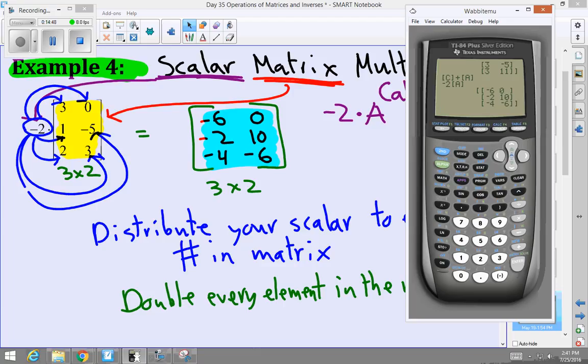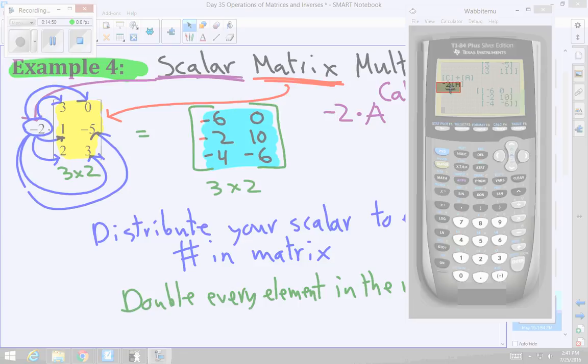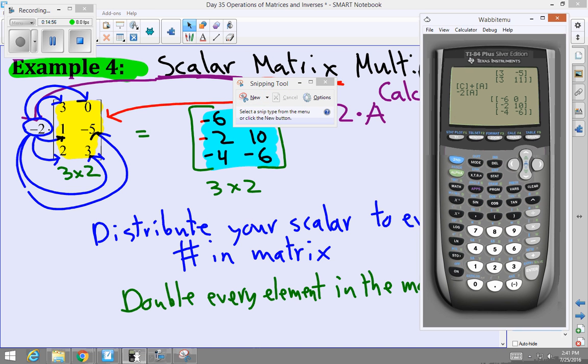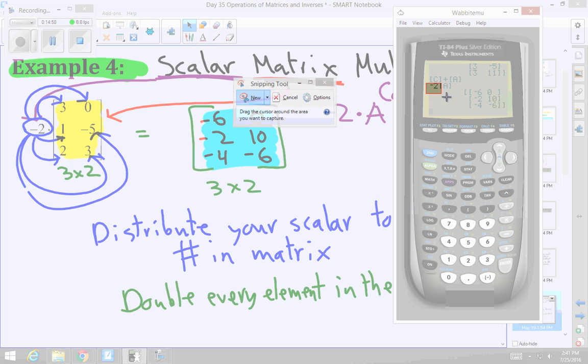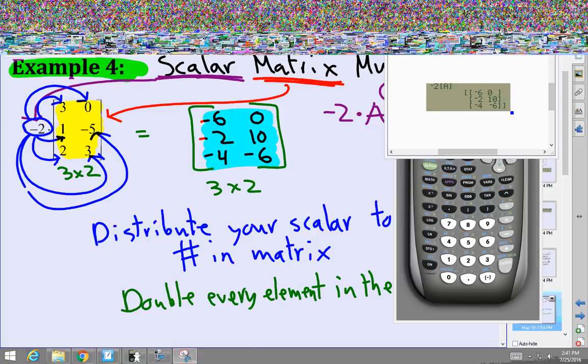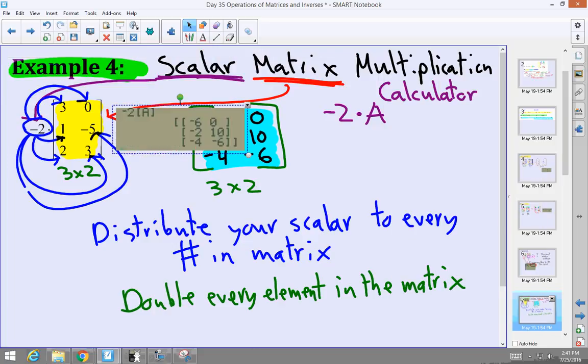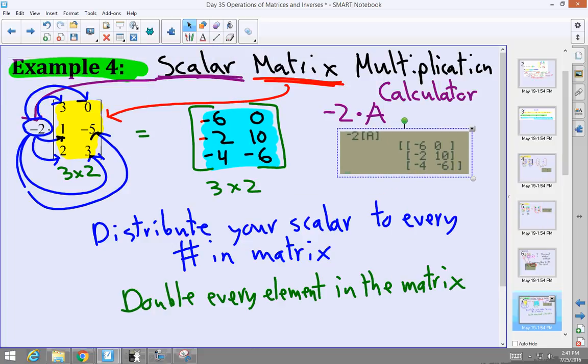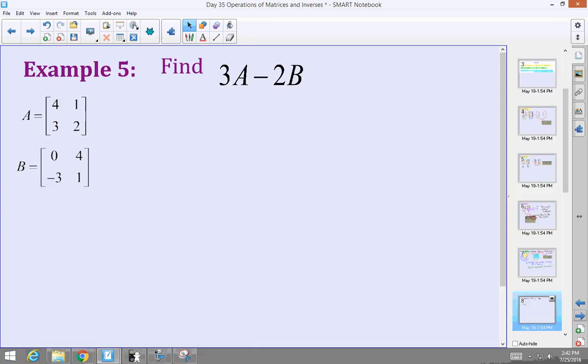Every guy is doubled. So I'm going to snip this and paste that in, just like that. Okay.